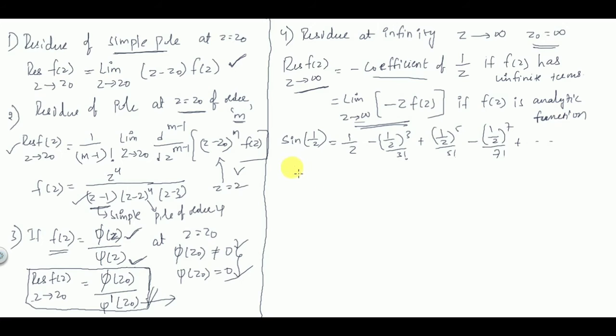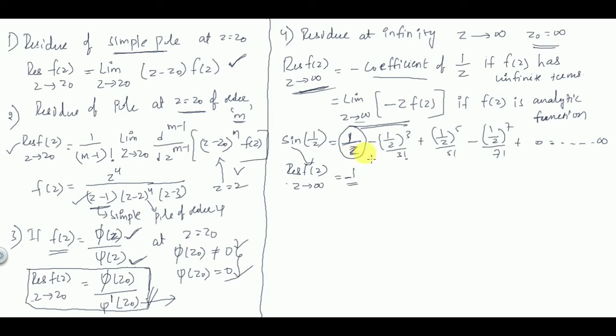Okay, so if you are asked to find the residue of f of z, that is, f of z is sine of 1 by z at z equal to infinity, then its value is equal to minus 1, because the coefficient of 1 by z, because it contains infinite terms. So it extends up to infinity. When you have infinite terms, then the coefficient of 1 by z represents the residue at z equal to infinity.